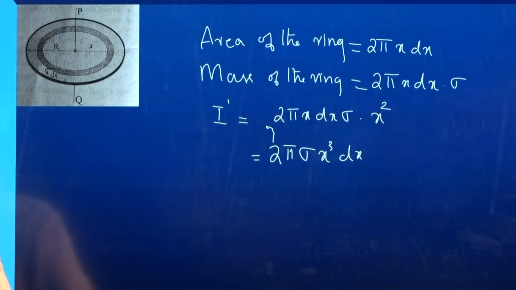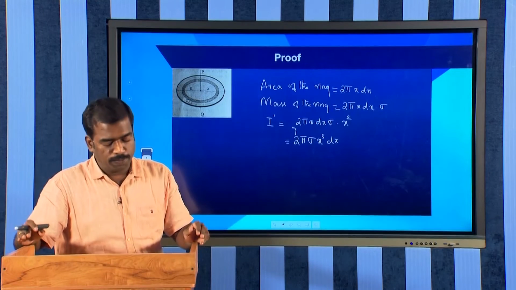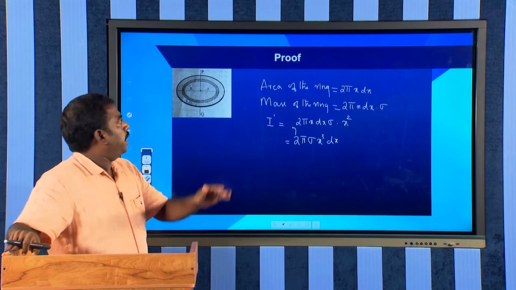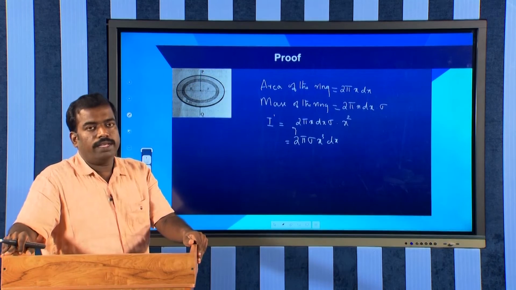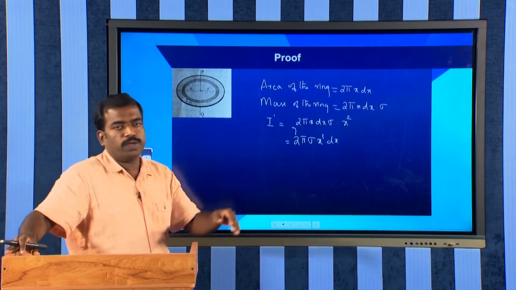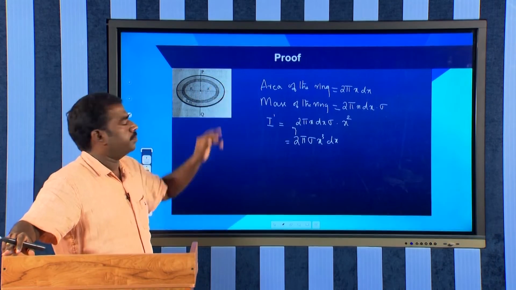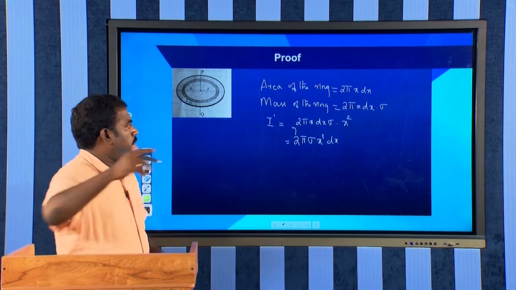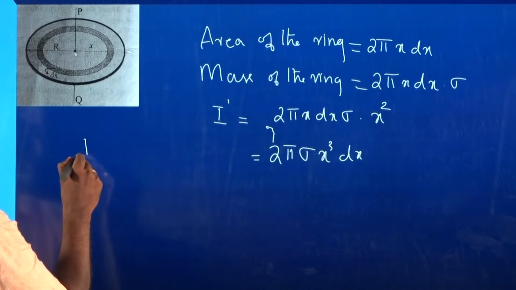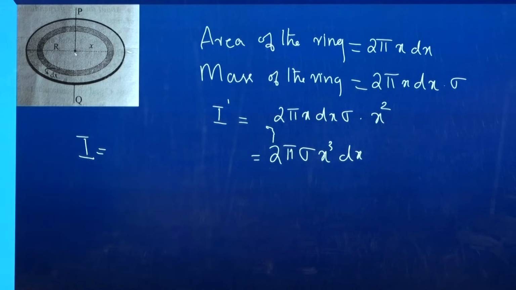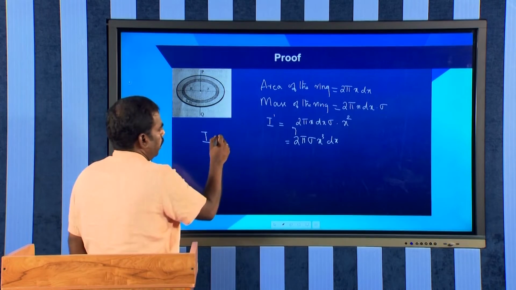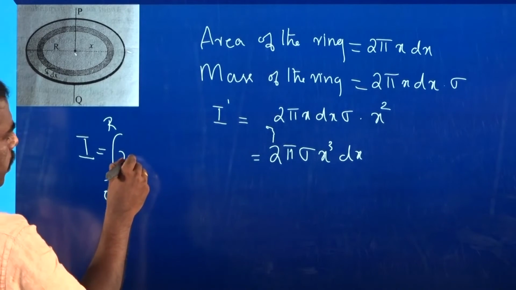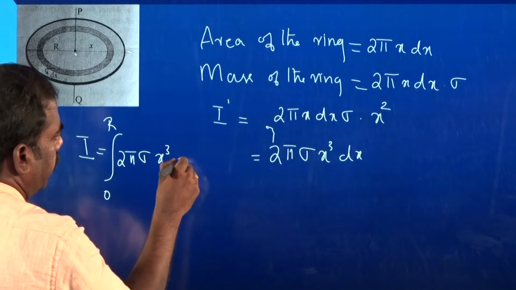Now, what we need to do? We need to integrate this expression between the limits. The moment of inertia of the whole disc about the axis PQ is obtained by integrating from 0 to r, from the center to the ring. So I equals the integral from 0 to r of 2 pi sigma x cube dx.